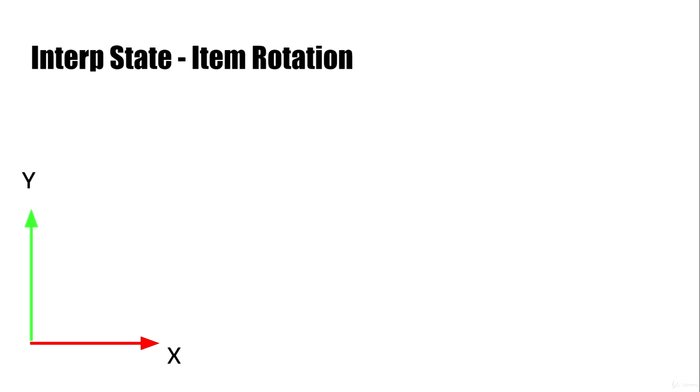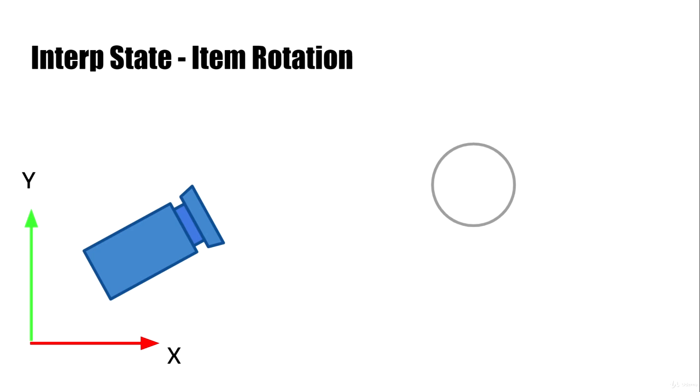Now, the way we're going to achieve this can be described as follows. Let's say we're looking straight down at the floor in the negative z direction. This means we're looking down on the xy plane. Now say we have our camera in the world and our item is also in the world, and our camera has its own forward direction.